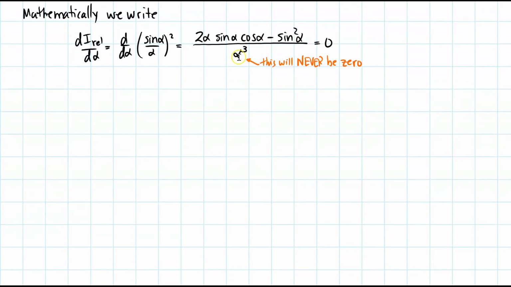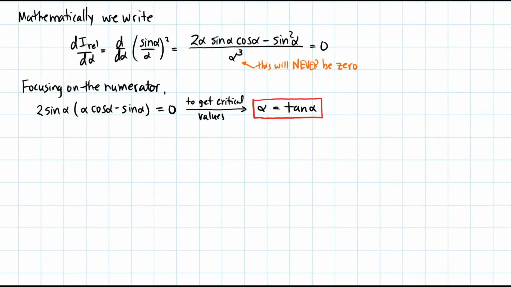And look at the denominator, alpha cubed. This will never be 0. So the only way this quantity could be 0 is if the numerator is 0. So if I focus on the numerator, notice that up here I forgot to add a 2. So that's how I get alpha equal to tan alpha. There was an error right there.